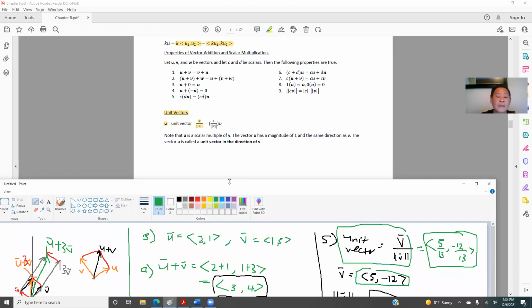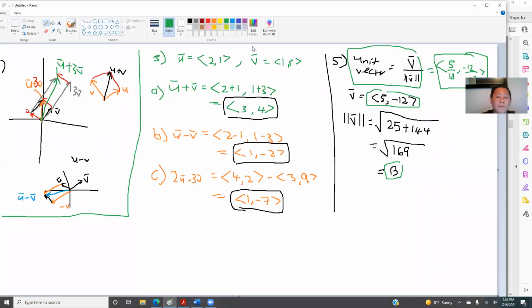So for example, if you have the component form 2, 1, I can write this in linear combination form as 2i plus j. So 2i plus j is the same thing as 2, 1 in component form. This one, I will write down as i plus 3j. And don't forget class, the i and j that you use here, make sure it's bold because they are vectors.